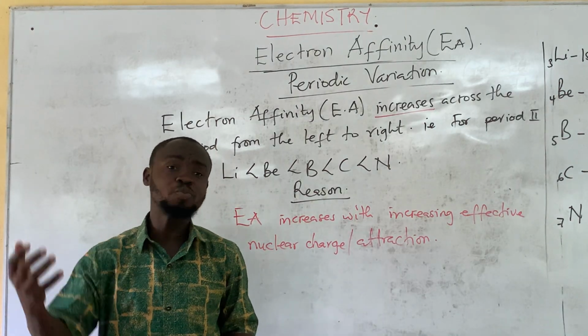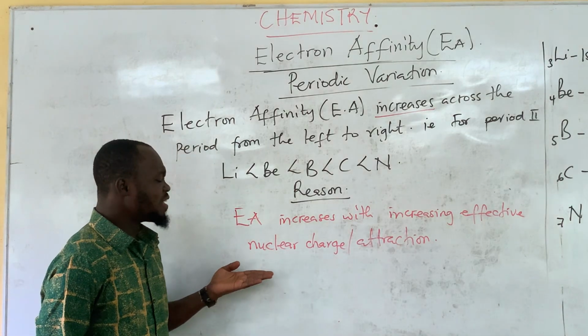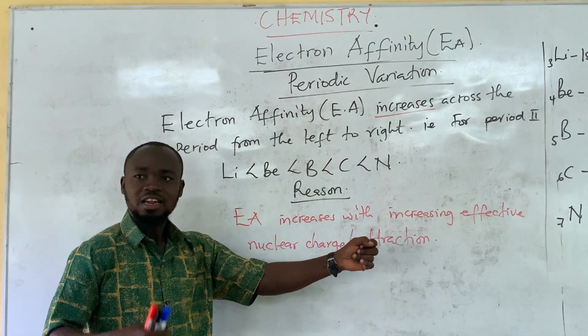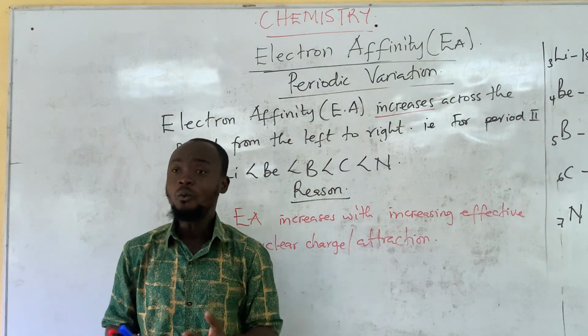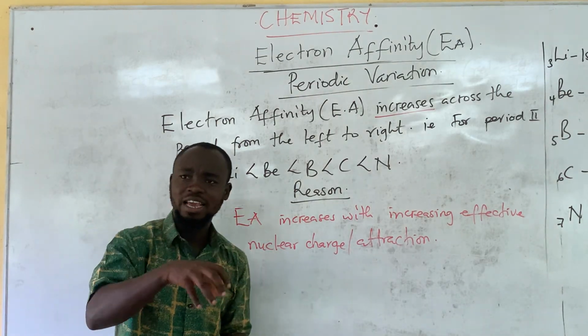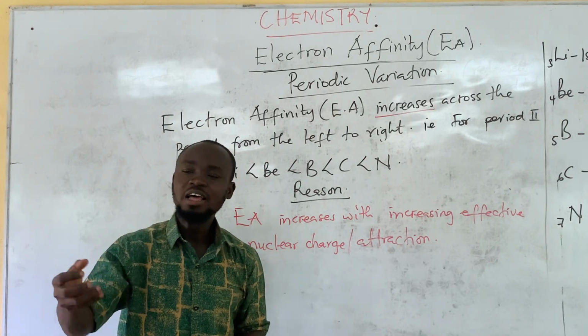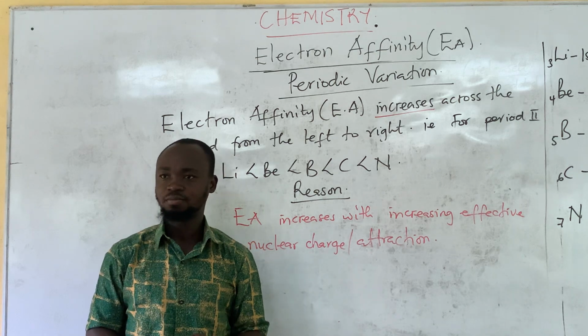It wants an electron to be added onto its outermost shell. And since across the period there is a high attraction for electrons, the moment I want to add an electron, it becomes easy. Because there is a high nuclear attraction across the period, the added electron is easily accommodated in the shell.